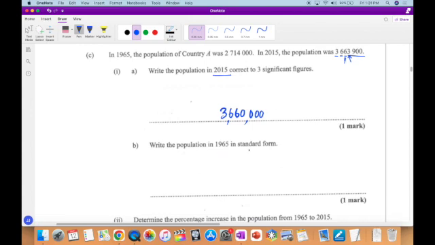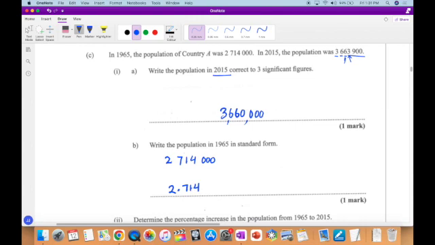Write the population in 1965 in standard form. Well, what do we have there? We have 2, 7, 1, 4, 0, 0, 0. We know in standard form the number has to be between 1 and 10, or 1 and 9 really, or a single digit. 2.714. That is what we want.